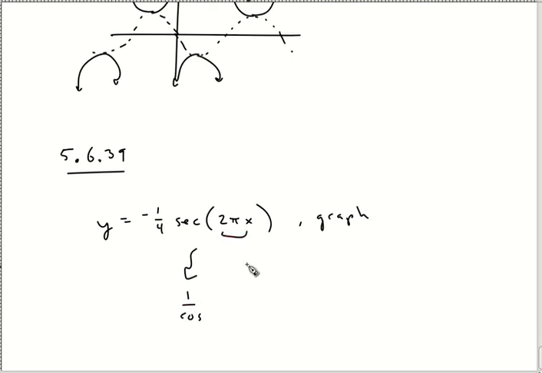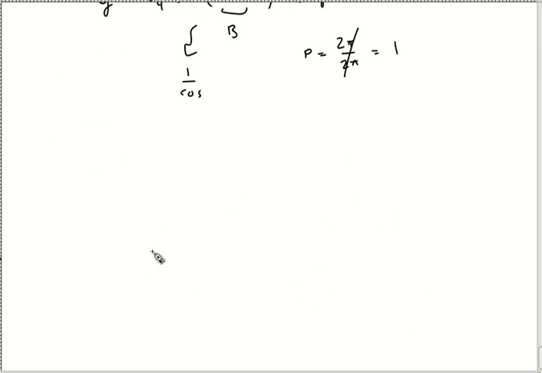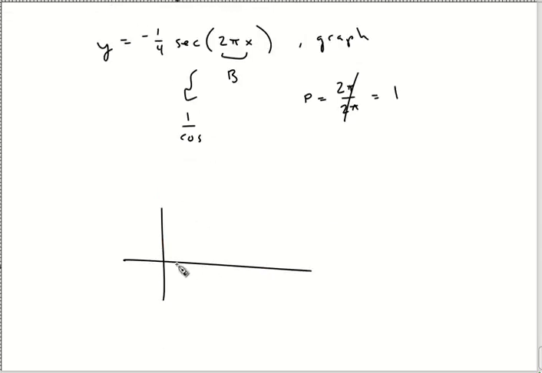Notice that this is my b. So I'm saying that b is equal to 2 pi. No, my period. Hold up. See, I always get these mixed up. My period is equal to 2 pi over b, but my b is 2 pi. 2 pi over 2 pi is a 1. My period is 1.